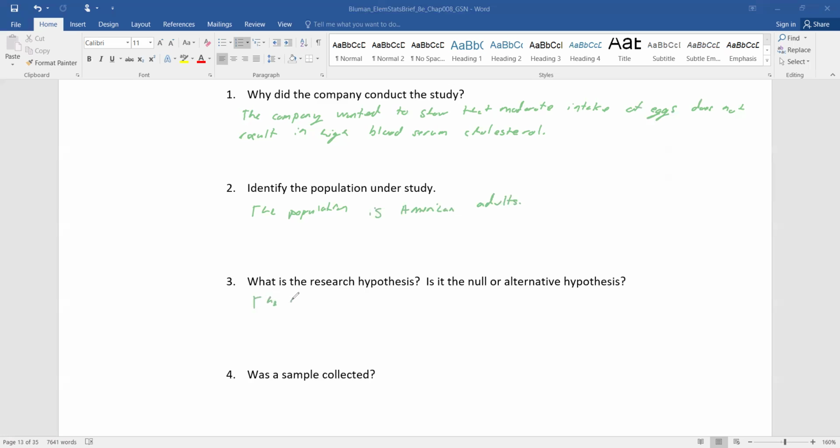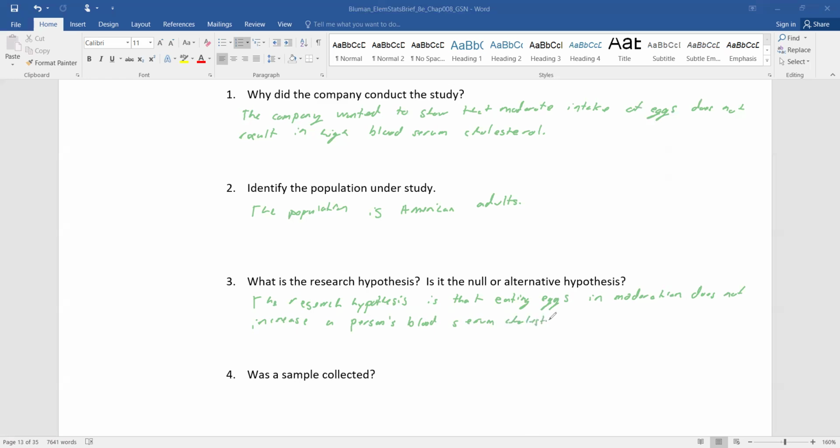So again, the research hypothesis is that eating eggs in moderation does not increase a person's blood serum cholesterol.